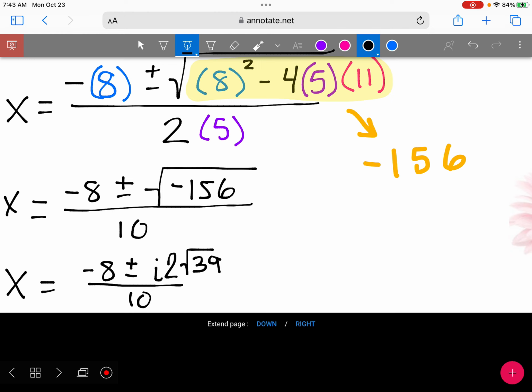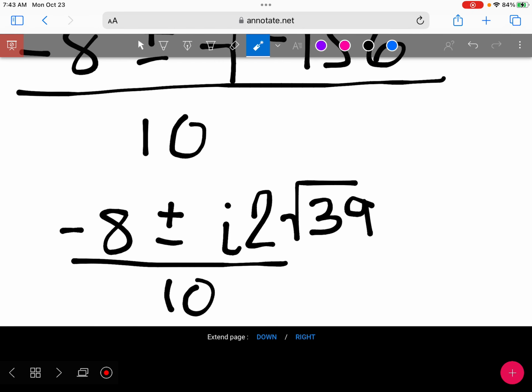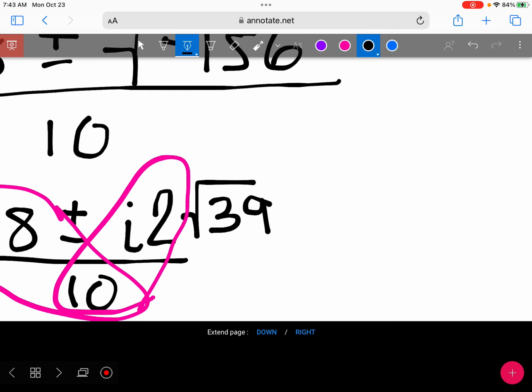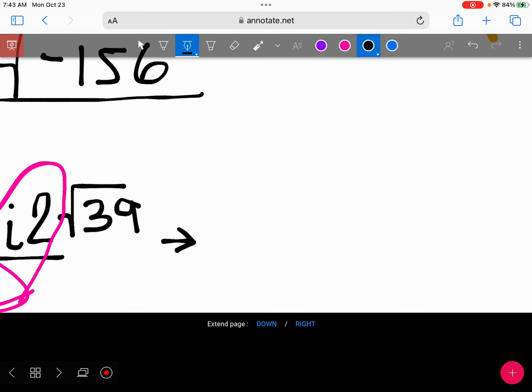And since we have an i here, we're not going to get decimal numbers. But what we can do is I can notice that I have 8 over 10 and 2 over 10, and I can simplify both of those fractions. This is what the calculator was doing for us on the first one.